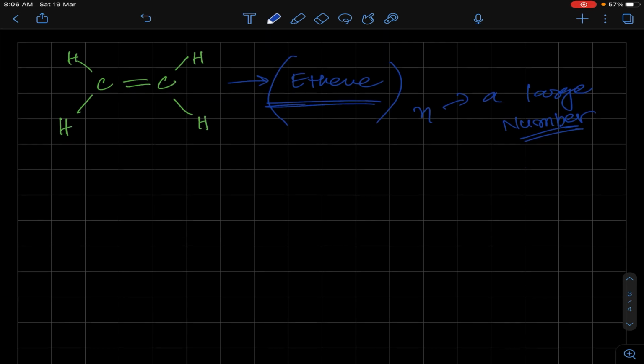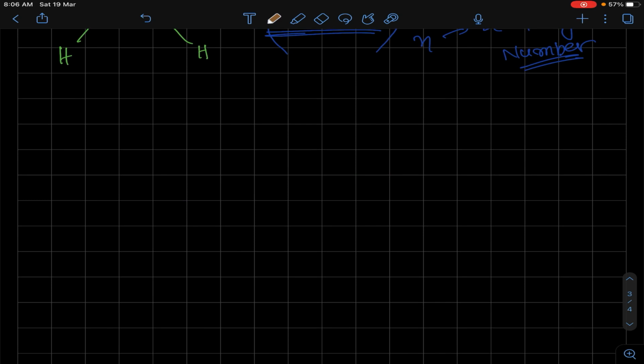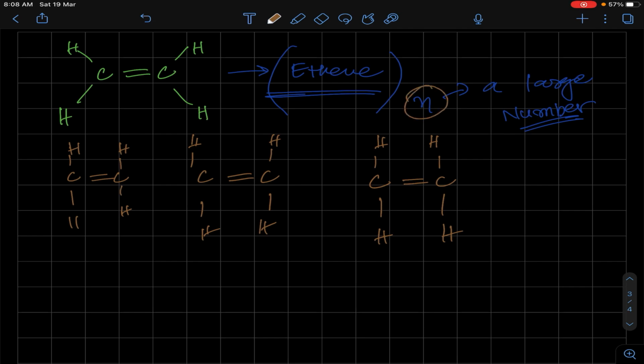So when a large number of ethene molecules combine, let's just do a few examples. Let's say this is one ethene molecule, this is another ethene molecule, and another ethene molecule. So I will draw three ethene molecules, and you just have to assume that we have a large number of ethene molecules which we are representing with n.